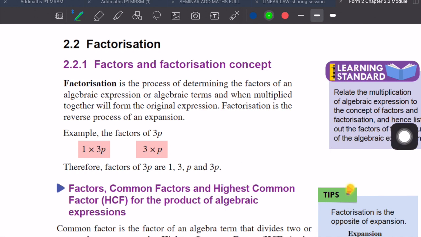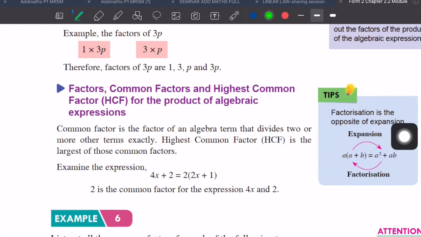Let's take a look at further explanation: factors, common factors, and highest common factors, HCF, for the product of algebraic expressions. A common factor is the factor of an algebraic term that divides two or more other terms exactly. The highest common factor, HCF, is the largest of those common factors.